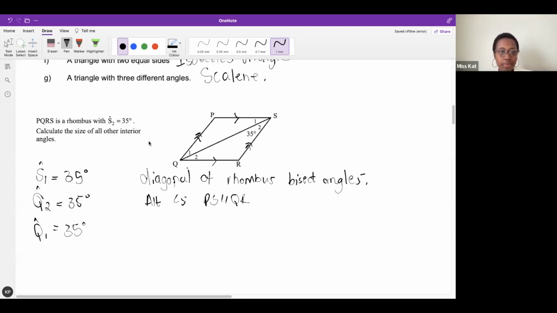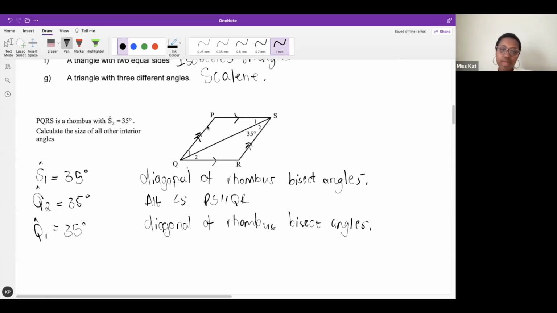Did a hand go up? Hello, Zoom user. Ma'am, it will be diagonals of a rhombus bisect angles. Thank you very much. That was beautiful. Diagonals of a rhombus bisect angles. Thank you.